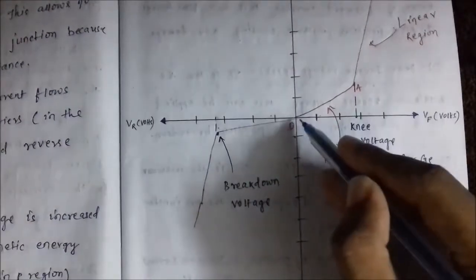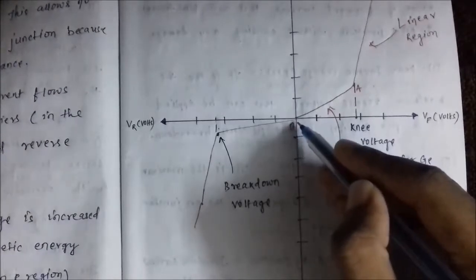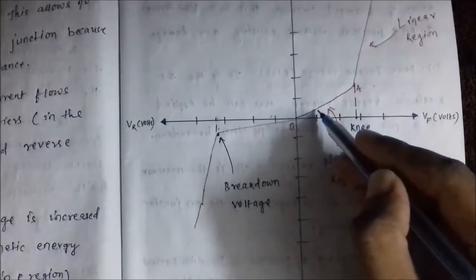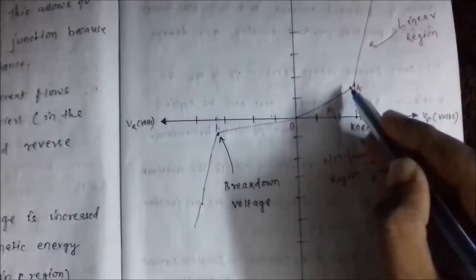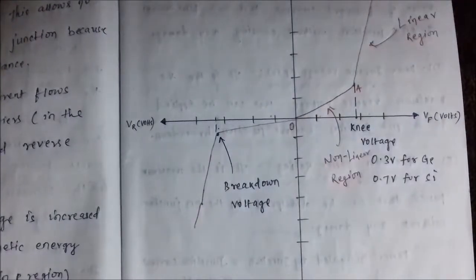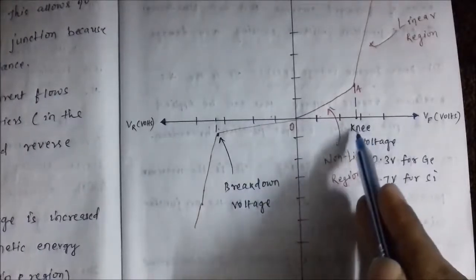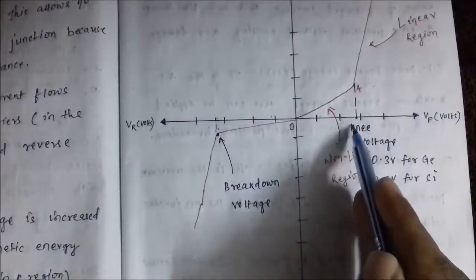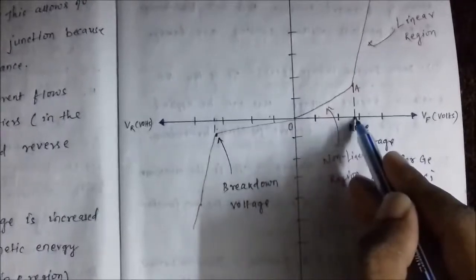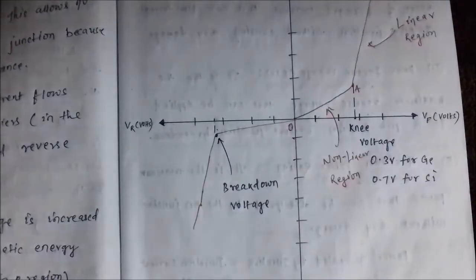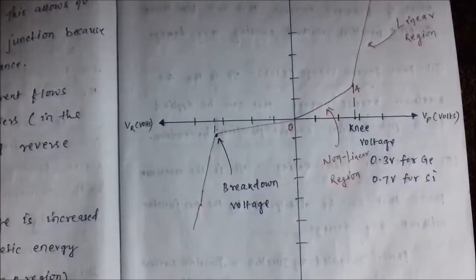See here, the current slowly and steadily increases, but it's not very high. Why is that? It is because the initial voltage, this region up to here, is consumed in overcoming the potential barrier.